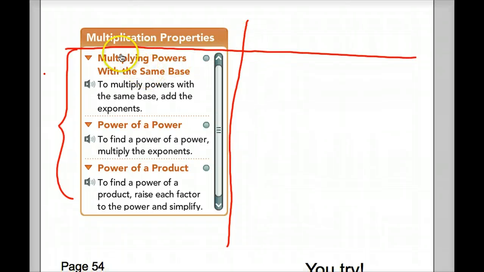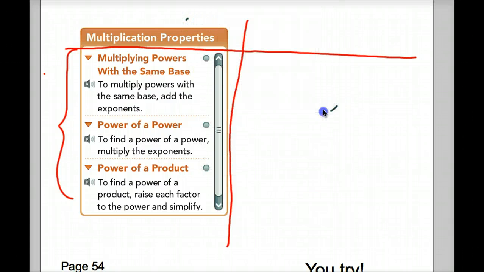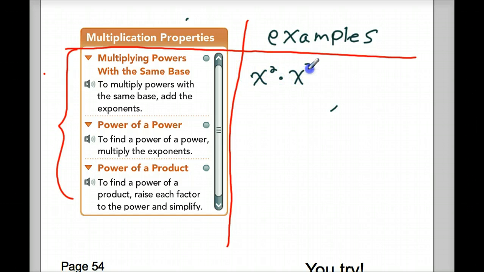So hopefully you have all these down, and now I'm going to talk about examples of each of them. So, multiplying powers with the same base, and we've seen this. An example of this, so we'll put examples over here. Examples of this are something like x squared times x to the third.